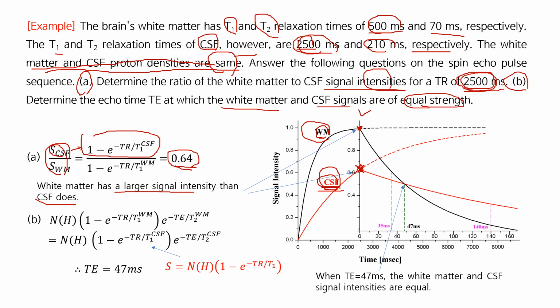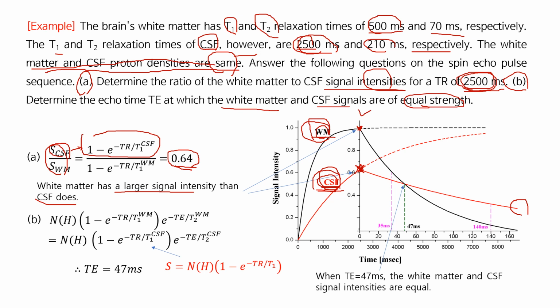We know that the T2 relaxation time of CSF is much longer than that of the white matter, so we can see the curve is slowly decaying for CSF, and compared to the CSF, the transverse magnetization of the white matter is decreasing much faster. Okay.